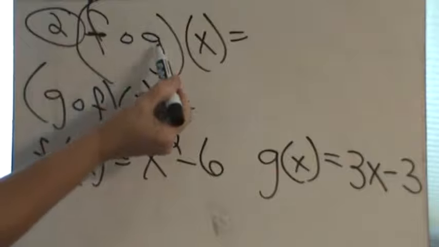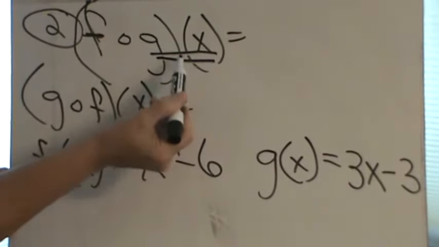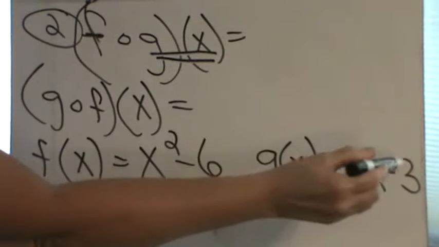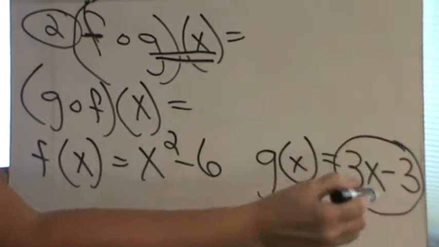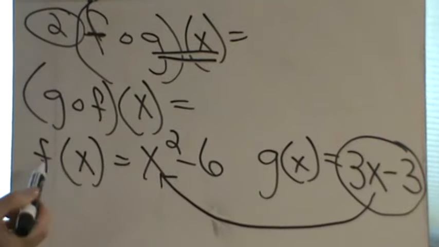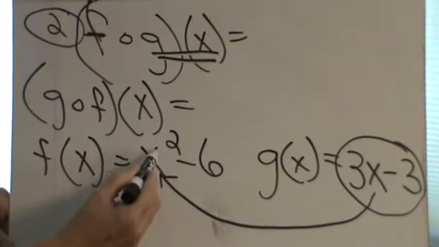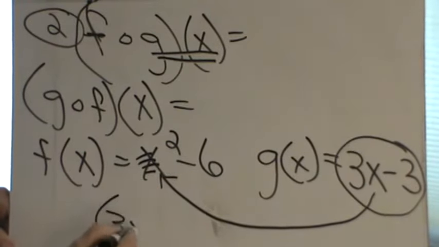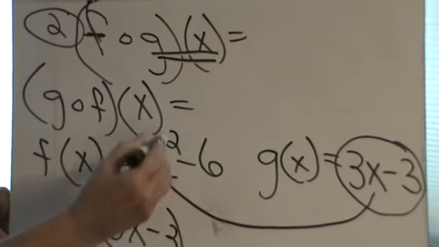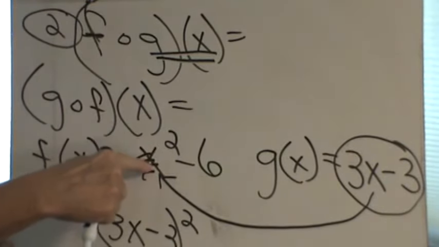F of g of x means the g of x math problem is substituted into f of x in place of x. So you're not going to have that x anymore. You're going to have 3x minus 3. That's going to be squared because, see the square there on x?